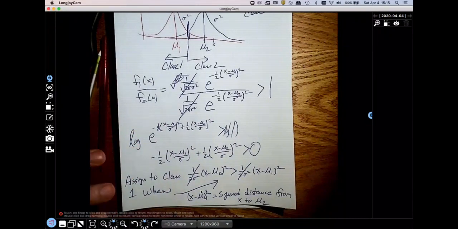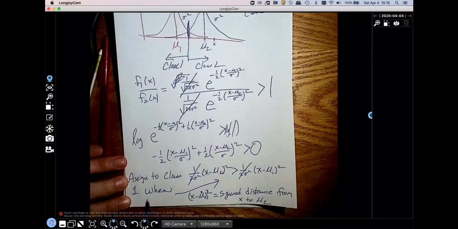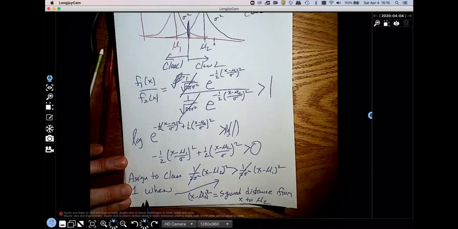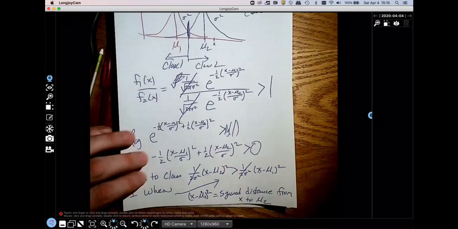So what I'd like to point out is simply this. We're going to assign an observation to class 1 whenever that x is closer to mu1 than it is to mu2.